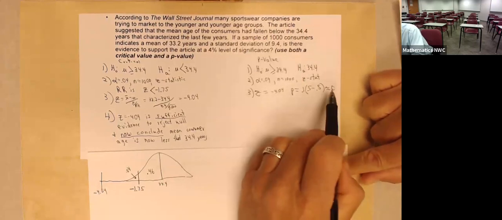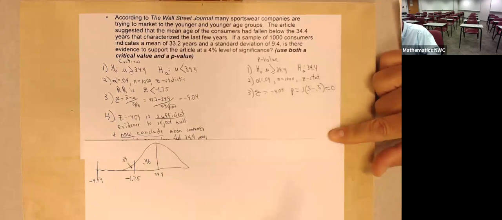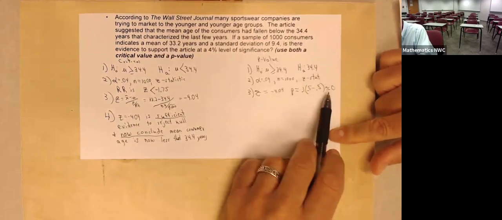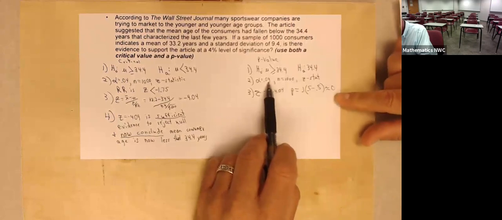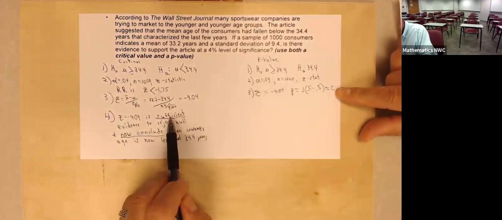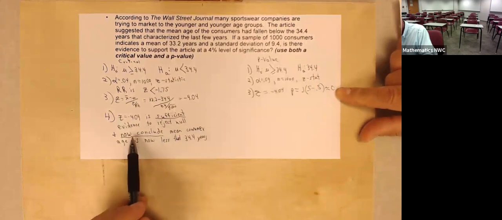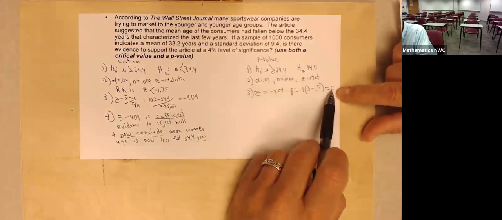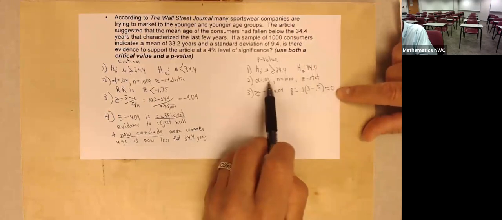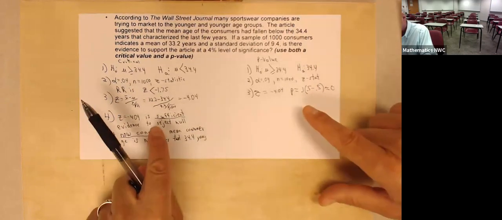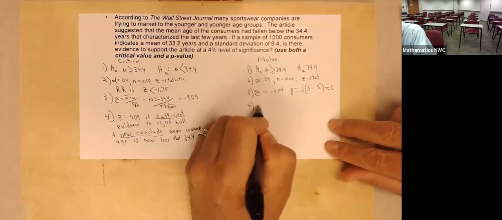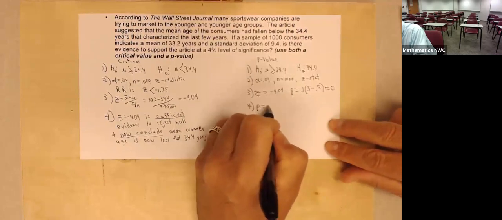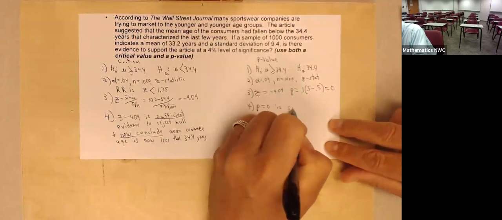I compare that p-value to my alpha. If it's less than, which it is, I have sufficient evidence. I conclude the alternative. If this had been, say, 0.07, it would not have been less than. But these two should produce the same values. So p equal to 0 is sufficient evidence.